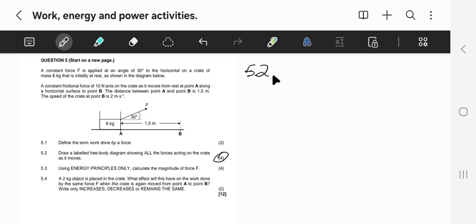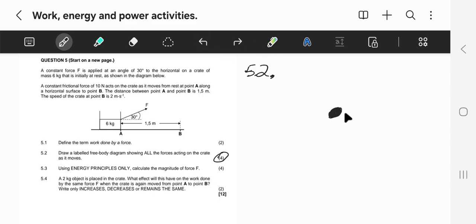So when we draw our free body diagram, this is how it will be. First of all, by now you know that you draw your dot, and this dot will have arrows facing away from it. The first force that we are going to start with is the one that we see, the applied force F.